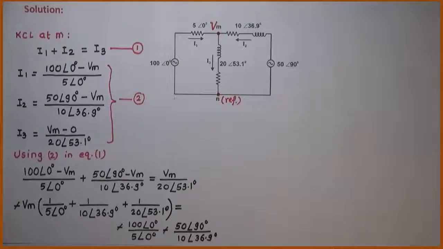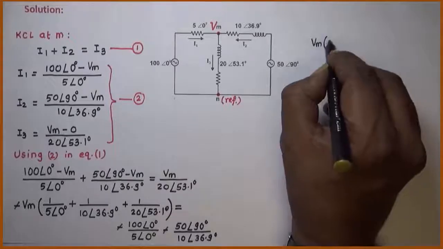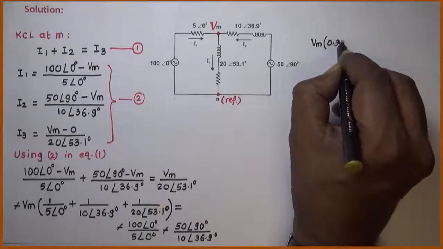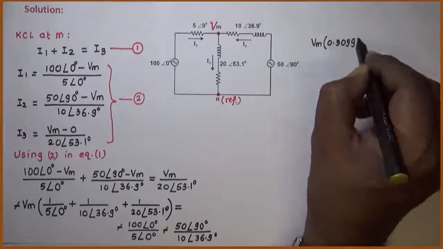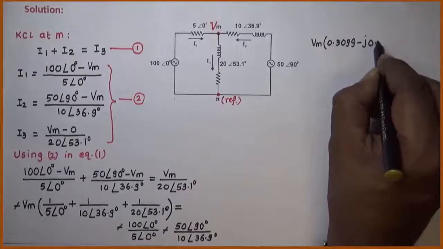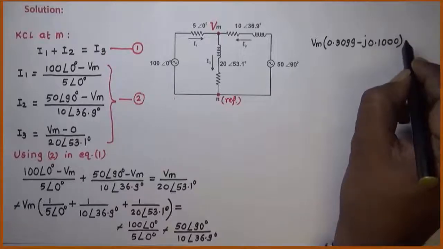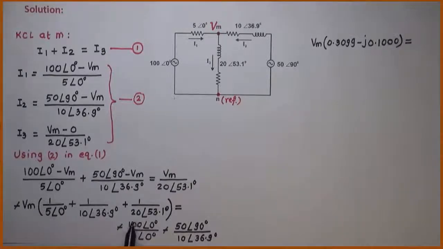Let us pause this video here and try to calculate it. When your calculation is over, start the video and check the value I have given. Now this bracket value comes out to be Vm times the bracket, 0.1000 is equal to, again you have to use your calculator and find this value.